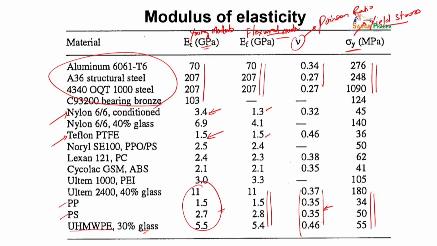That means they both have a similar bending property, whereas if you look at the Poisson ratio, Teflon seems to be able to have a higher deformation, and then if you look at the yield stress, nylon seems to withstand a higher amount of load before it undergoes plastic deformation. So, you can do this kind of comparative analysis of materials by looking at Young modulus, flexural modulus, yield stress, and Poisson ratio. Okay, so this is how you would probably compare different materials, and then choose the material based on what load you want to have in your application, right.